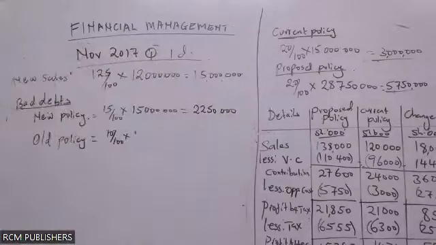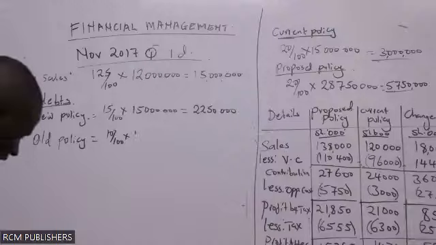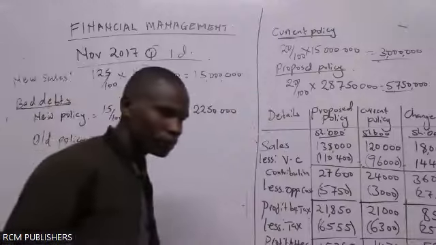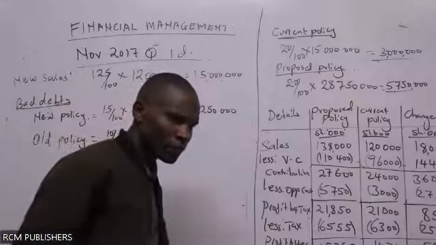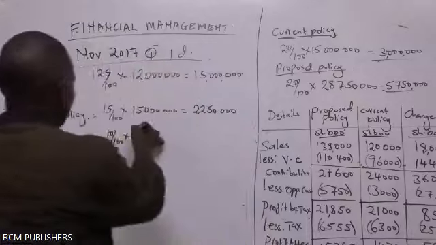Now we need to get the other one. How much will the other one be? Yes, 15 million.